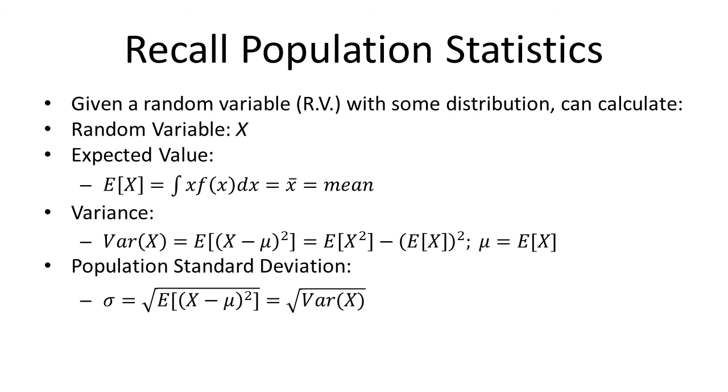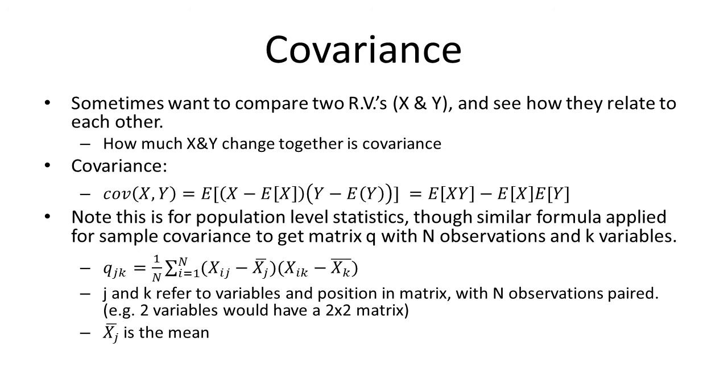Mu here is equal to E of x, or the expected value of x. So that's variance. Basically variance just tells you how much a random variable is deviating from the population's mean. And then the population standard deviation is just the square root of the variance.